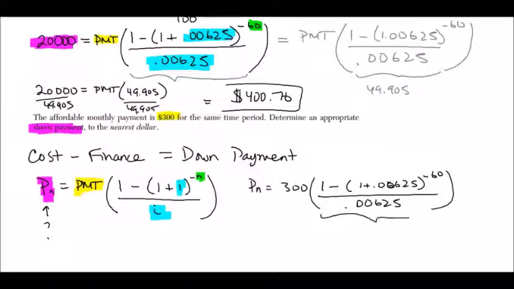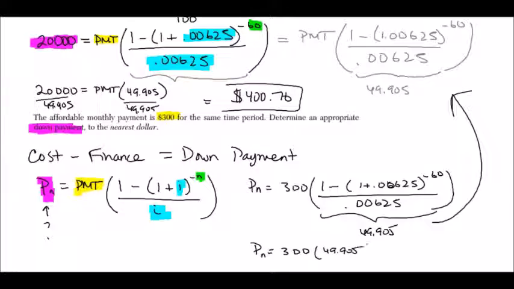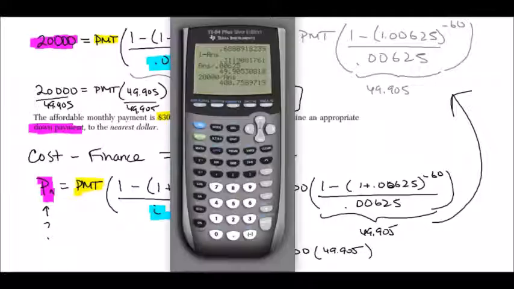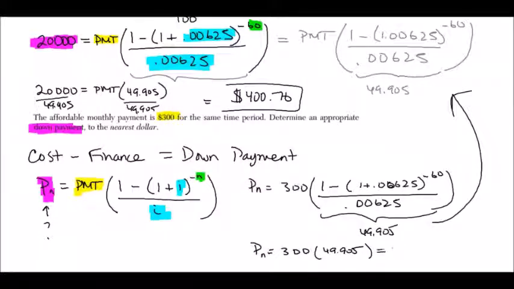And we already found this value. This is 49.905 from over here. None of those values have changed. So our Pn is 300 times 49.905. And what we got is 14,971 and a half.